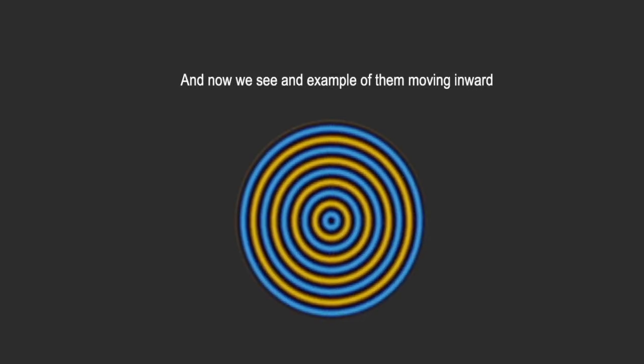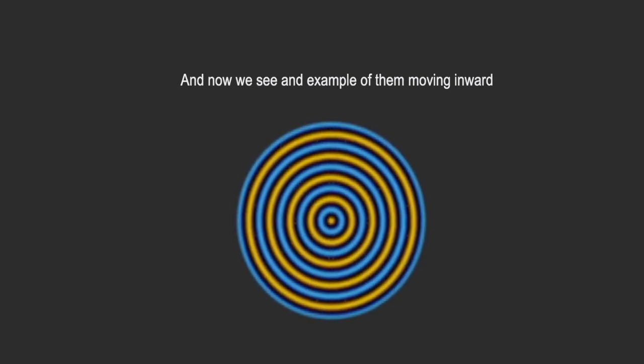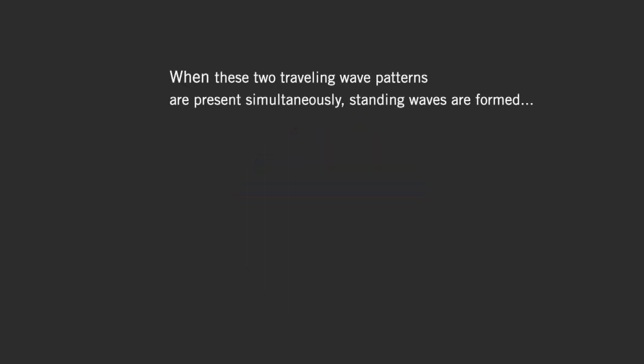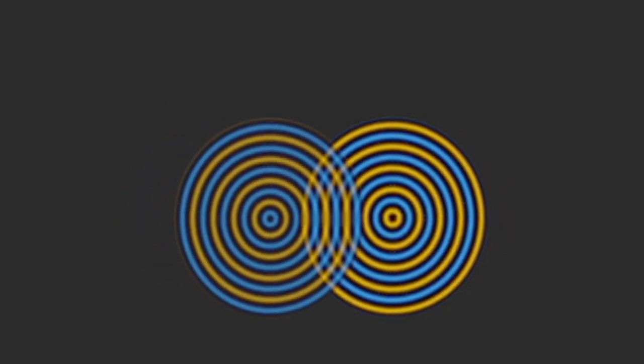And now we see an example of them moving inward. When these two traveling wave patterns are present simultaneously, standing waves are formed. This again is the result of constructive and destructive interference.